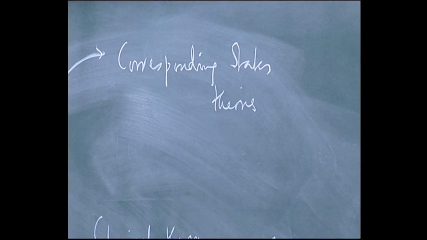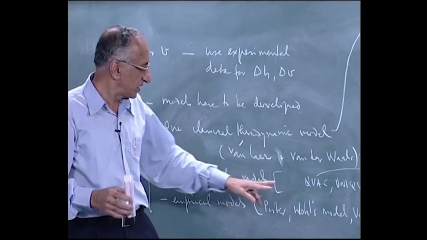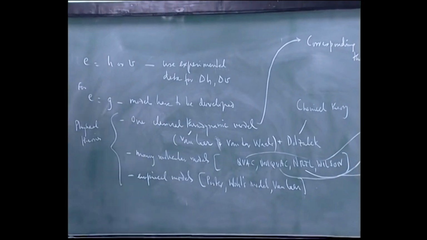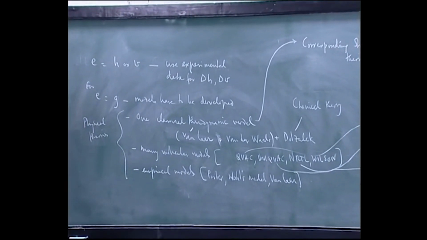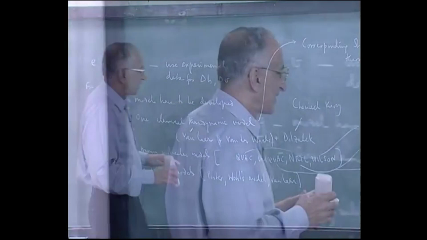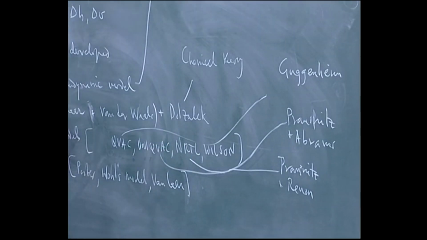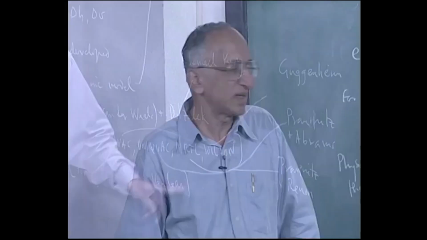There was a corresponding states theory due to Scott, and from that theory this NRTL theory was derived, as a basis. I am going to discuss all these in greater detail, just giving you general stories behind it. But anyway, this theory is a very successful theory for liquid mixtures. So we will use it.